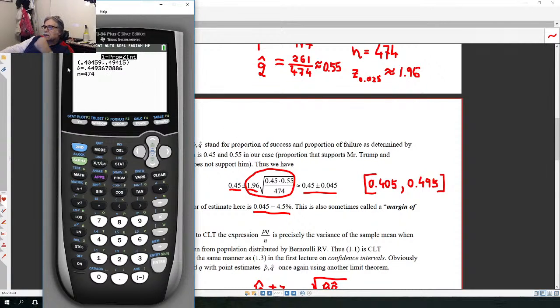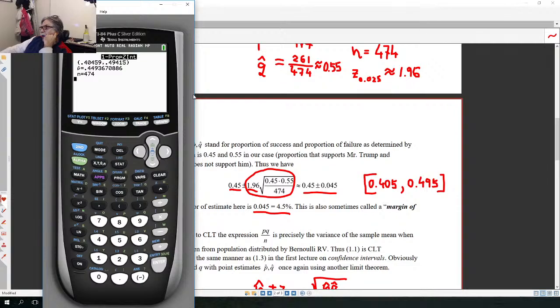A little more precise, because if I round this to 3 decimals, I have 405, which is the same thing I have here, and 494. Okay, so a little different in the third decimal.